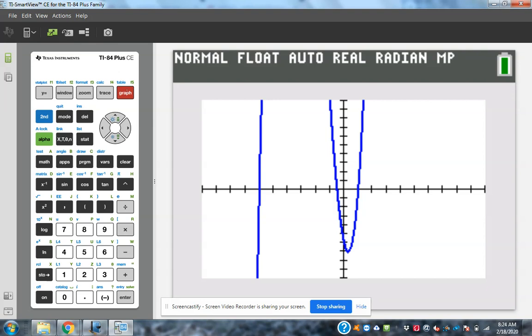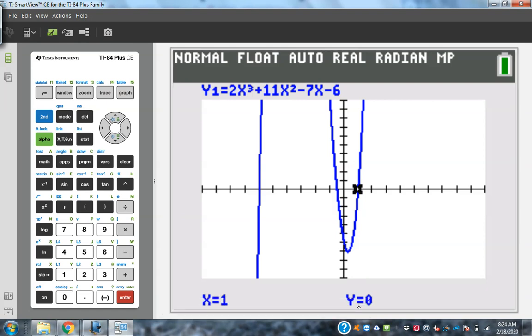I'm going to check one of those. It doesn't matter which one. I'm going to pick the one that I think is the easiest to do division with, right? Which one would be the easiest to do division with? 1 would be easier. So I'm going to hit trace 1, enter. And what happens is I get a 0 as a y value. That means that's going to be a 0 of my polynomial.